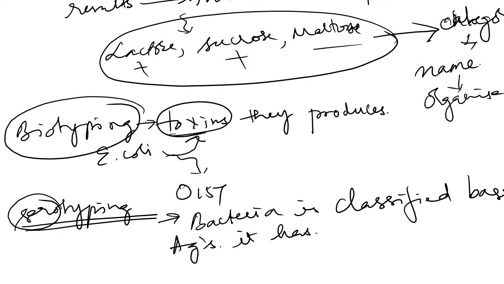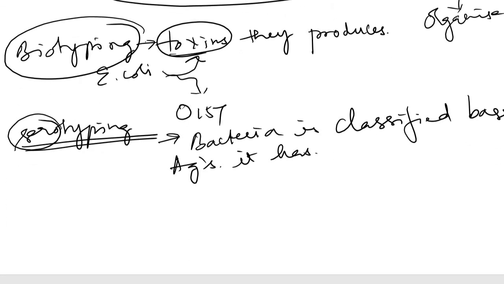They do not show much biochemical activity. So here you are going to rely upon antigens, especially in the Salmonella group of bacteria. You are going to look for antigens present on the bacterial cell, and you are going to name them and organize them, or you can say you will be able to identify them.